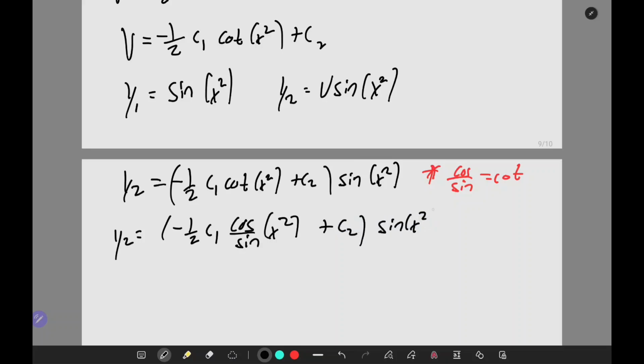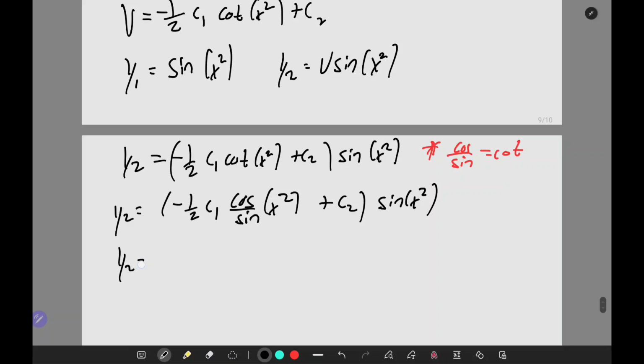So now let me go ahead and distribute. Now before I distribute, remember for the C1 and C2, we're going to assume whatever's with the other stuff, C1, is going to be 1, and whatever C2 is by itself is going to be 0. So we're going to assume C1 is 1, C2 is 0.